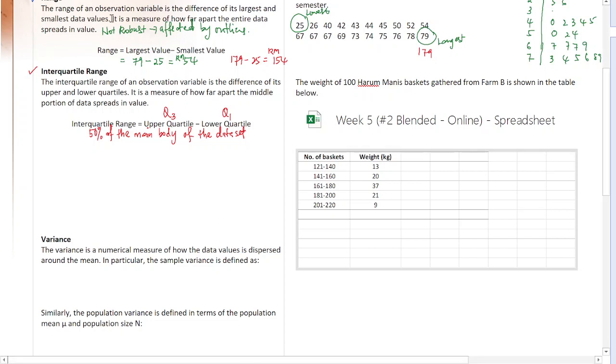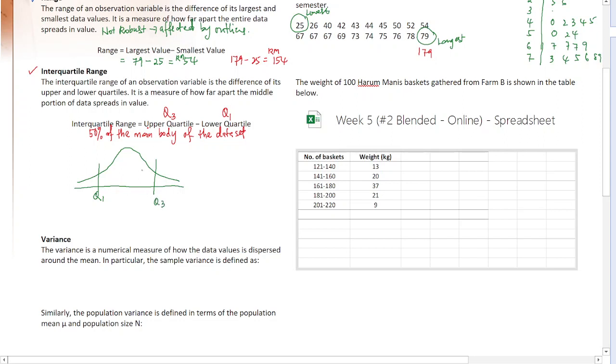When we talk about Q1 and Q3, we can draw the distribution and divide it into 4 quarters, and then you have 3 quartiles. So you have Q1 and Q3 over here.